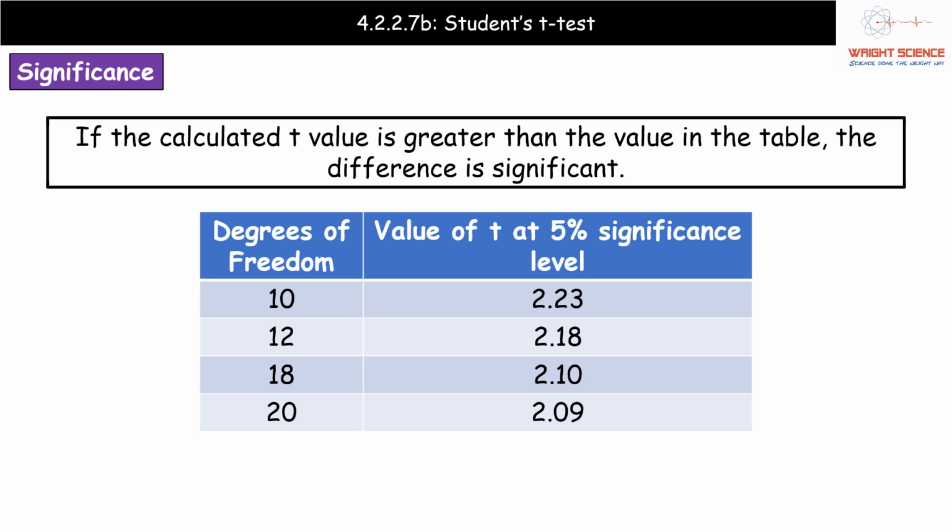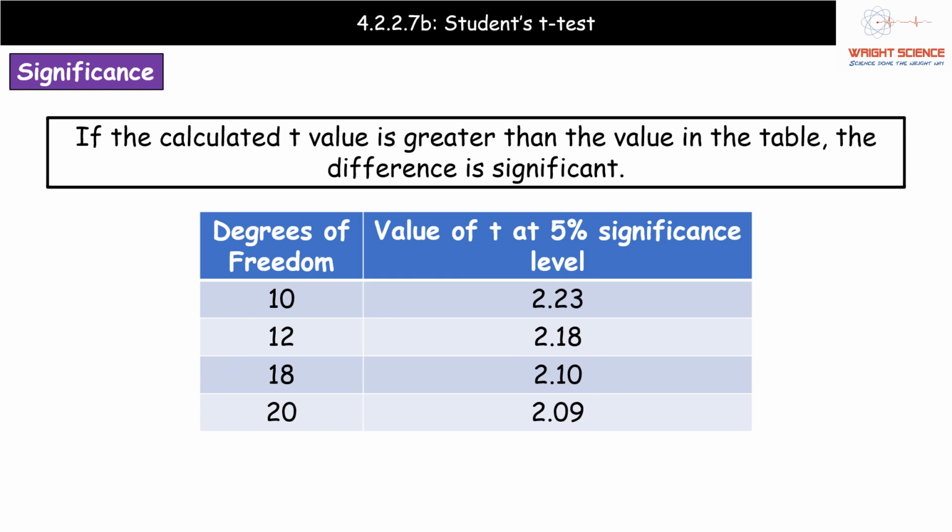So what we then need to do is use our calculated t value and compare it to the correct row in our table to see if the difference is significant. In our case, we had 18 degrees of freedom, so we are looking at this row here. So our 5% significance level value that we're comparing to is 2.10.